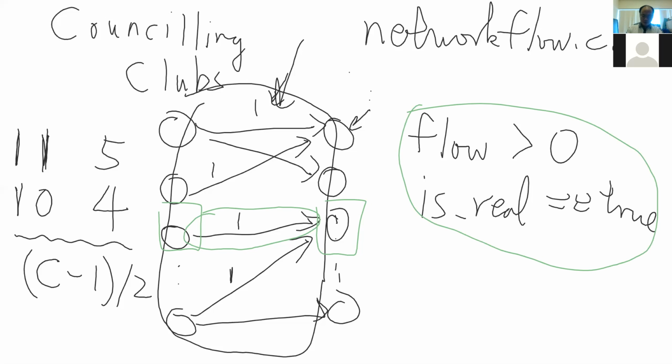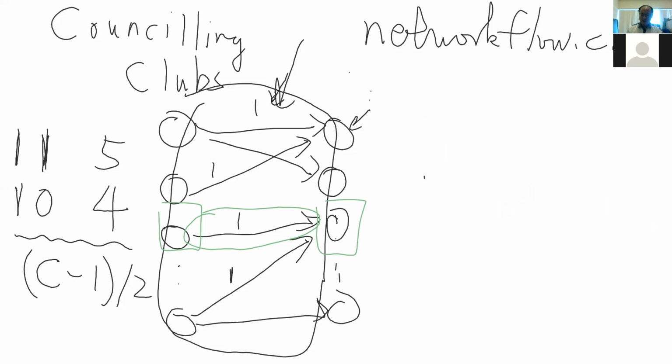Now, of course, with network flow or with any of these graph problems, you have to figure out how you're going to label these nodes, because ultimately you're going to have a numerical index for all of these, right? So you have to figure out how many clubs you have, how many people you have, how many parties you have, the source and the sink.